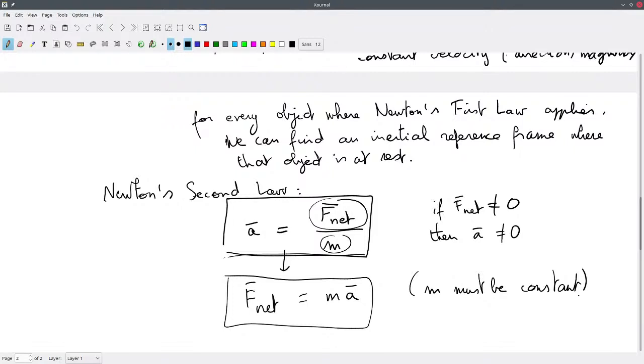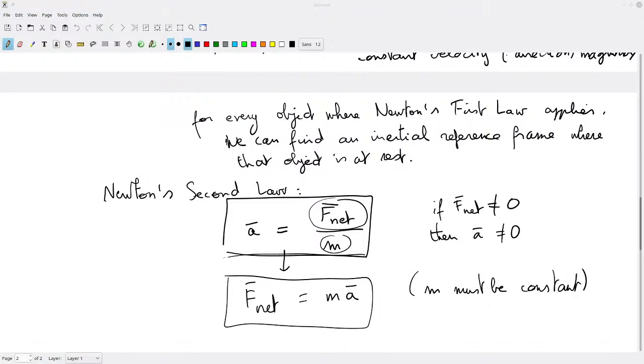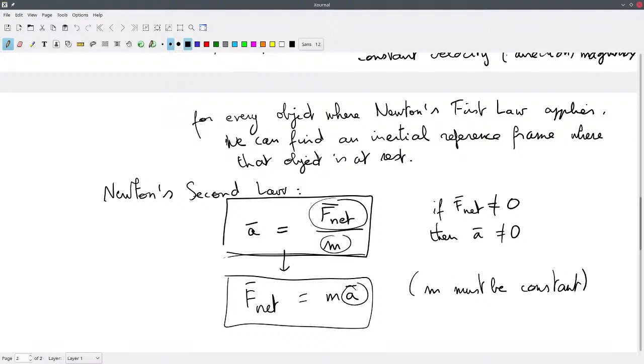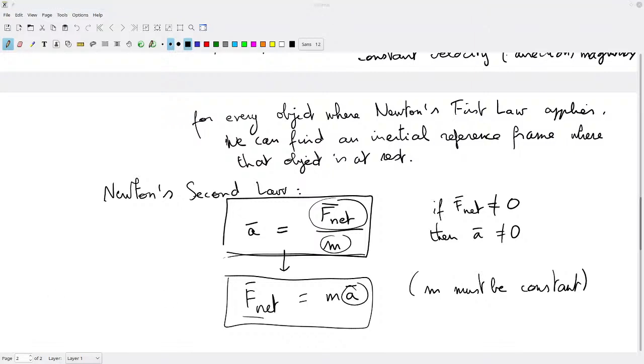How could you have an object that doesn't have constant mass? Well, one typical example is a rocket that is launched. There's typically so much fuel in a rocket that its mass changes substantially over the course of its trajectory, and when it's changing its trajectory, that will change the acceleration, not just due to the net force, but also because the mass changes.